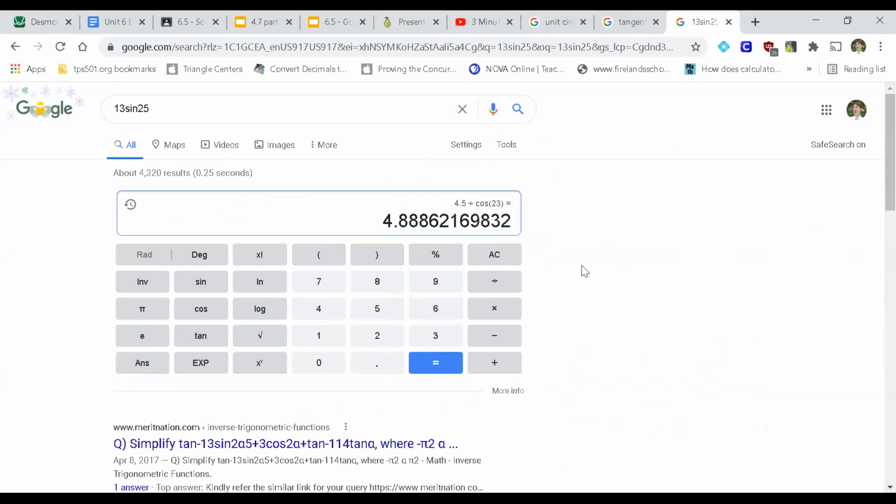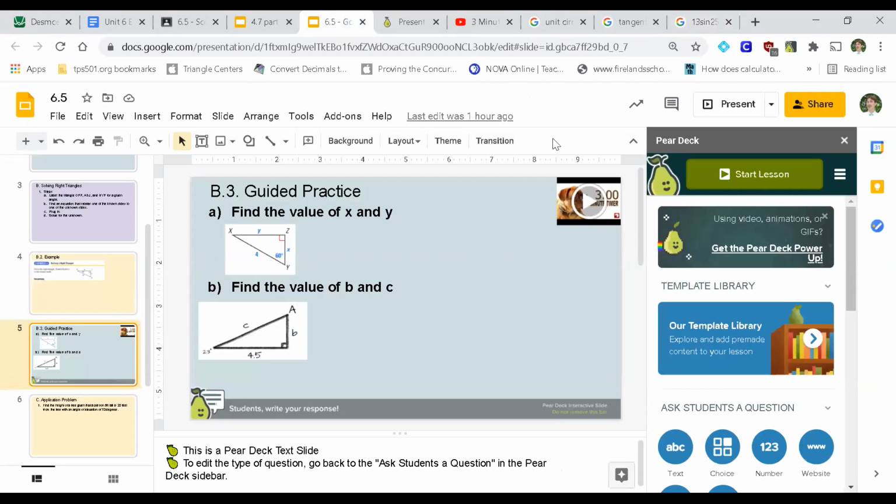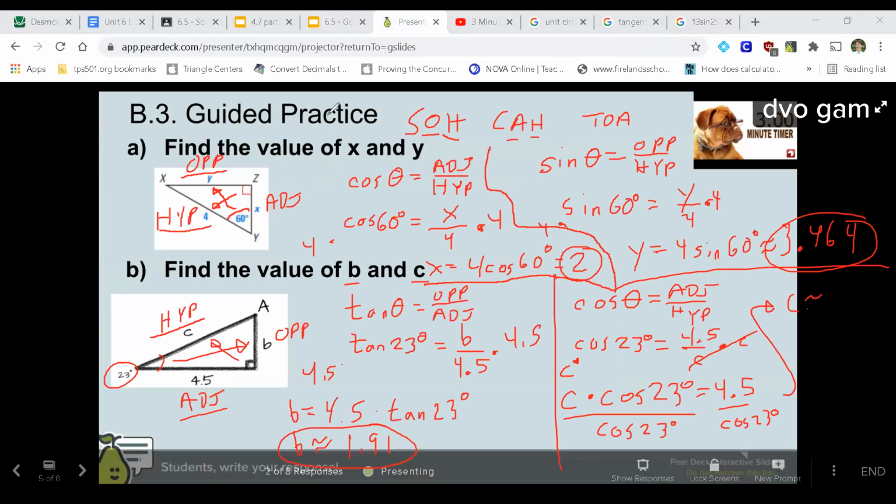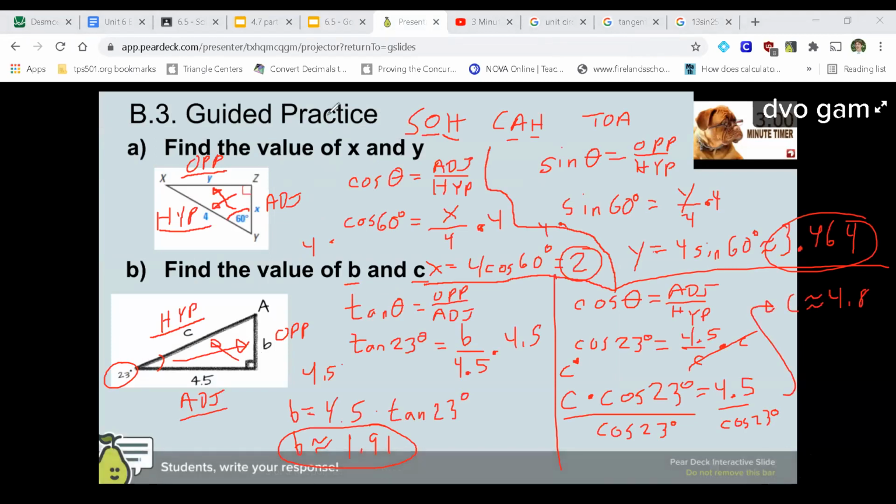Which is 4.889. So again, if your variable is in the denominator, you can solve it in 2 steps. Just multiply by your variable, and then you're gonna end up dividing by your trig function.